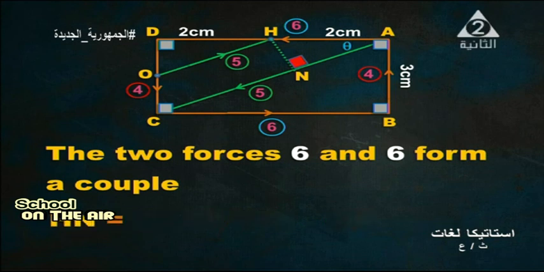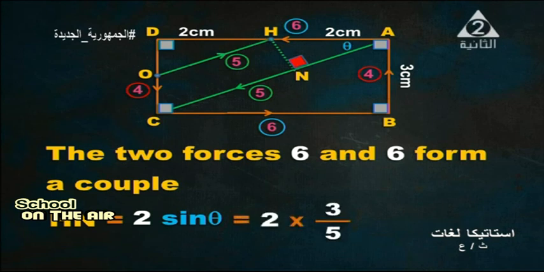Number 3, we know that HN equals 2 sine theta in triangle AHN, where HN is opposite to angle theta. Therefore, HN equals 2 sine theta, 2 times 3 over 5. We know that sine theta equals AB over AC, 3 over 5.